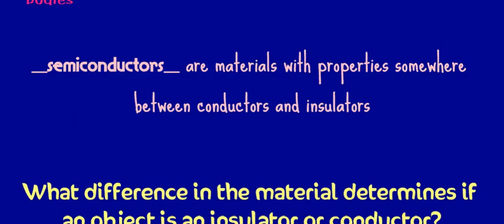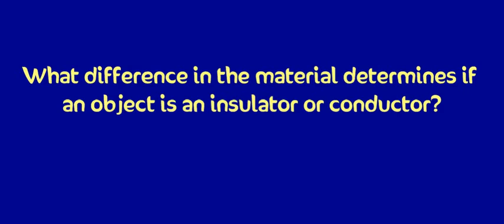Now, you may be asking yourself the question, what difference in the material determines if an object is an insulator or a conductor? Well, it really depends on the availability of free electrons. What the heck are free electrons?